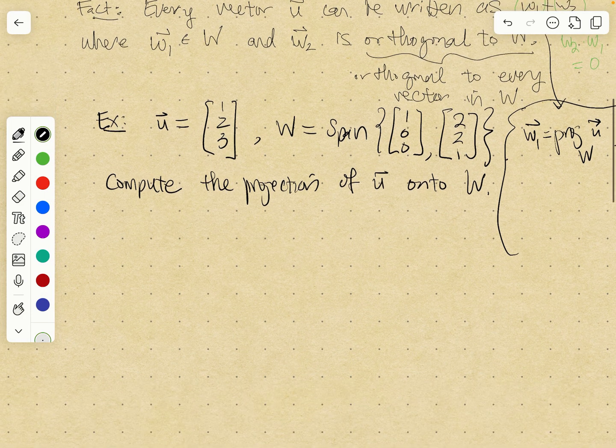Well, let's call the first vector 1, 0, 0 V1, and let's call the second vector V2.